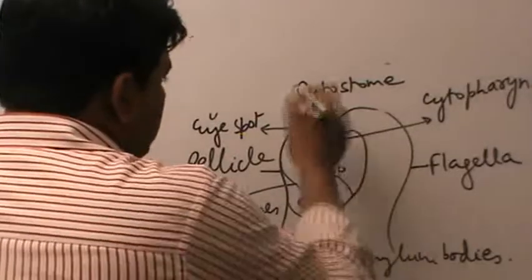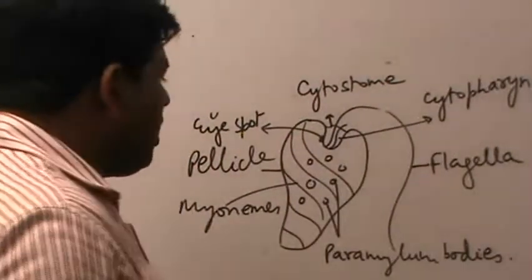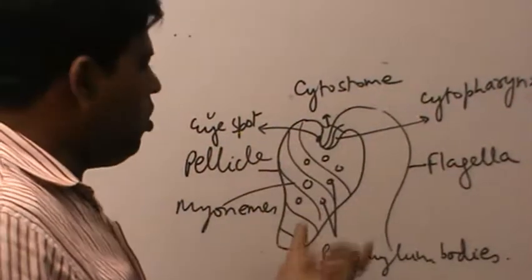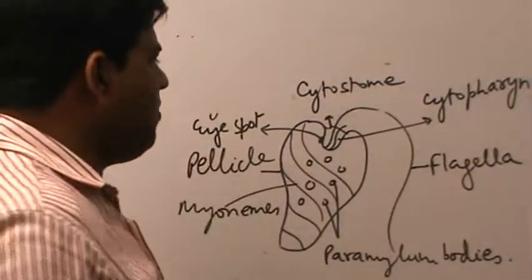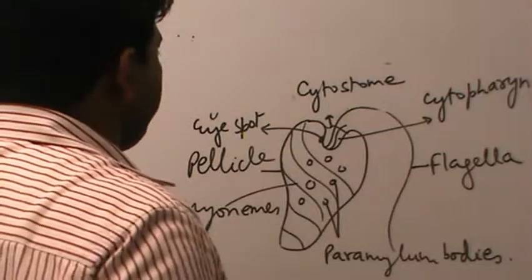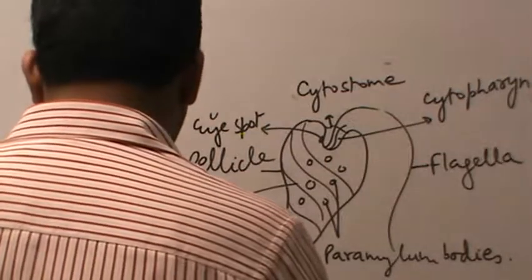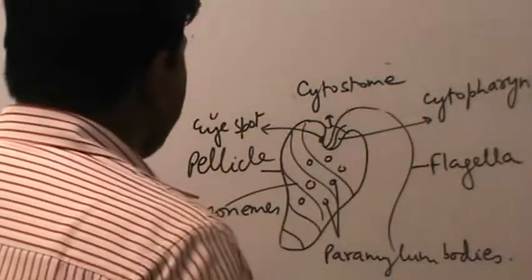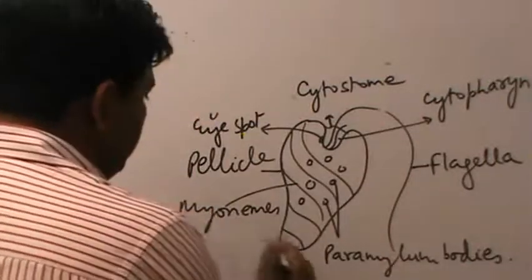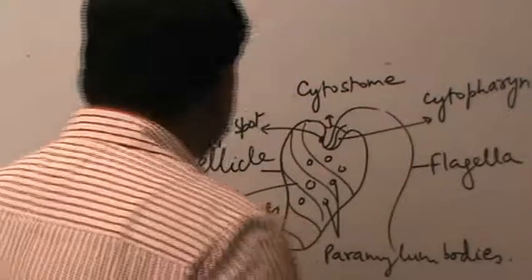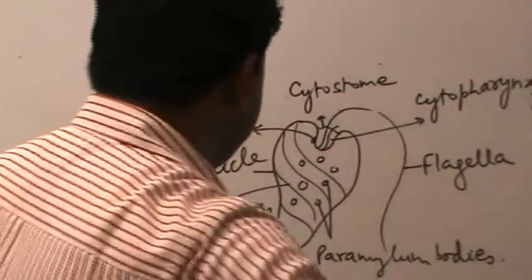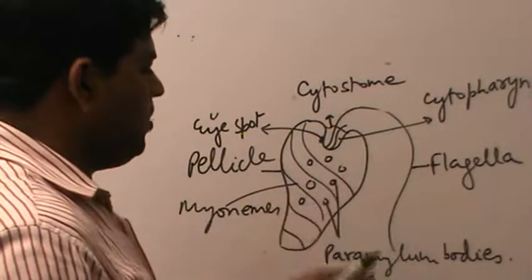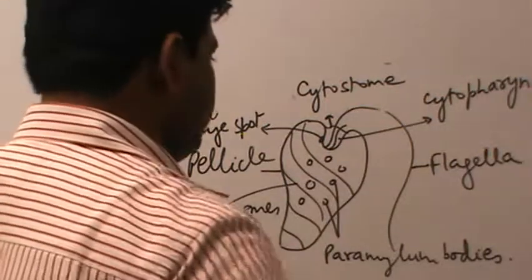So this Euglena is performing mixotrophic nutrition. It does not have any cell wall and it is surrounded by a plasma membrane, known as the pellicle. So this organism performs a dual function. It can photosynthesize, and the stored food material is paramylum bodies.